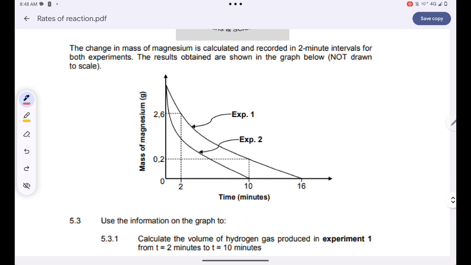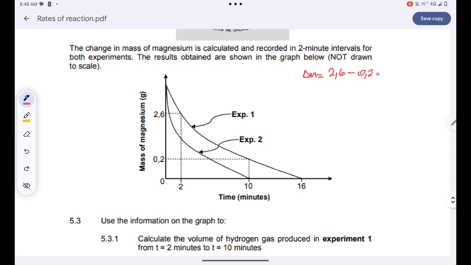Okay, I can simply calculate the change in mass for my magnesium. When t was equal to 2 minutes, the magnesium had a mass of 2.6, and then obviously it decreased over time. And then when t was equal to 10 minutes, the magnesium was simply 0.2 grams.